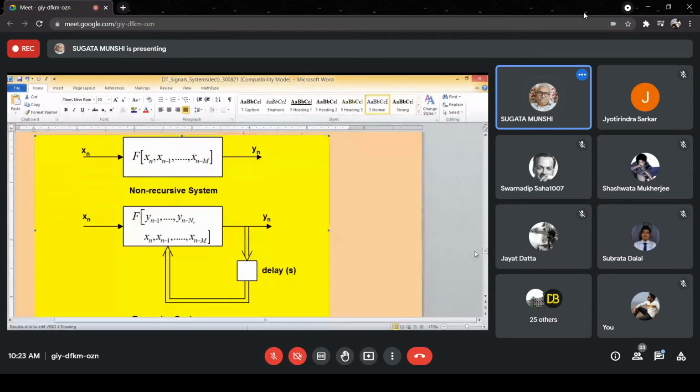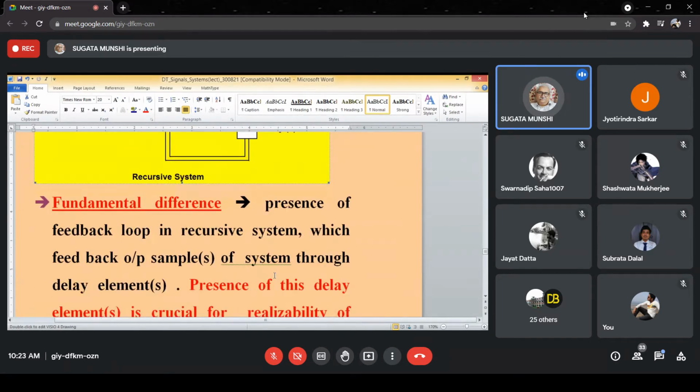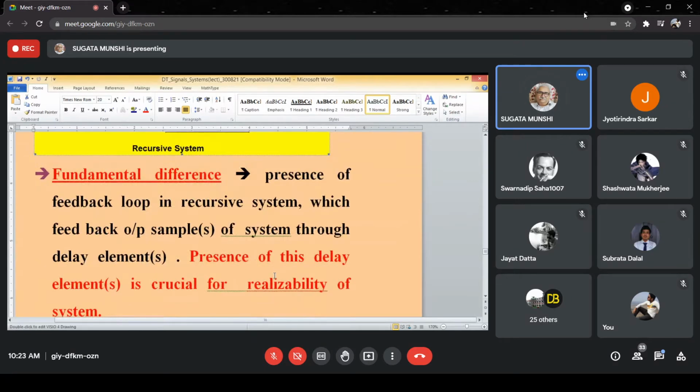Therefore, for the realization of the recursive system, feedback is necessary. Feedback through delay elements is necessary. How many feedback paths there will be depends on the order of the system. So I have noted down here the fundamental difference.